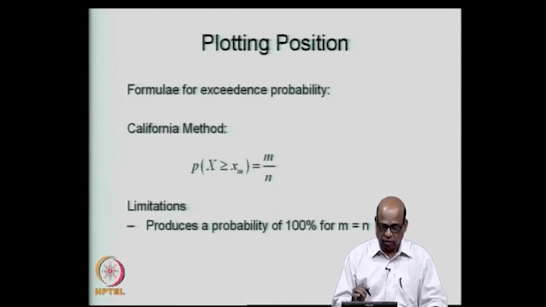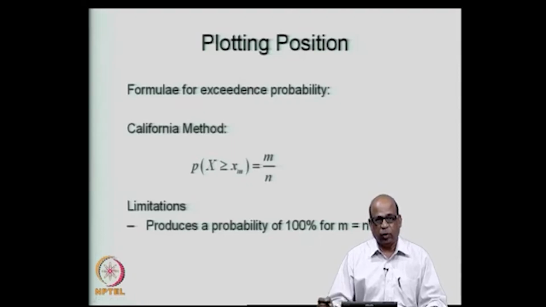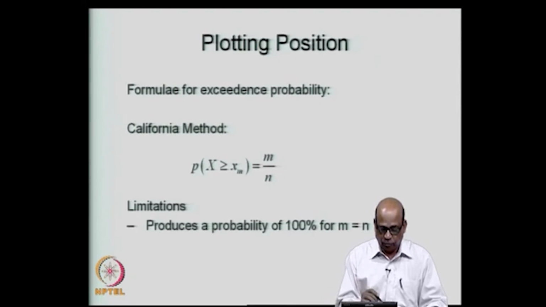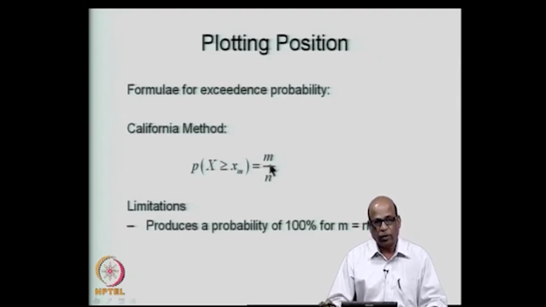This becomes a limitation, because we cannot always be 100% certain that the data sample that we have is in fact representative of the total population. Although it is a very simple way of assigning probabilities, this is how the plotting position started: simply take m by n.